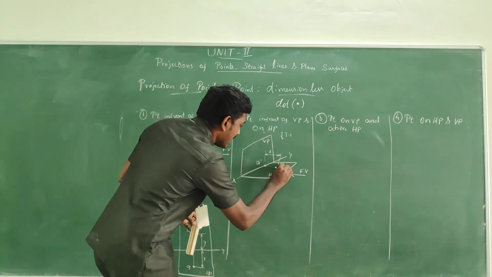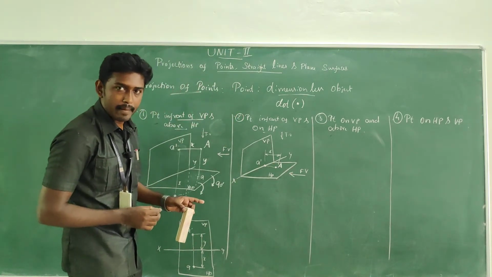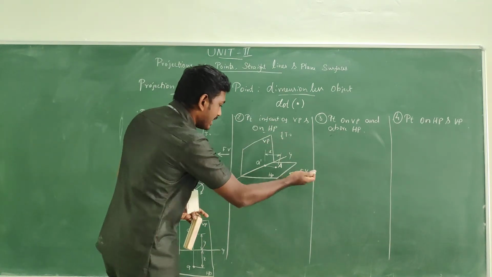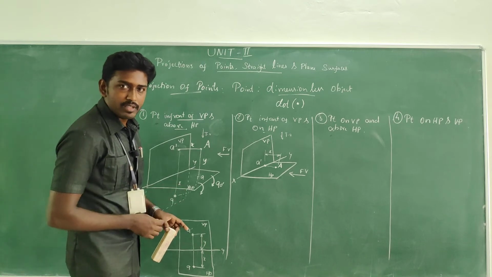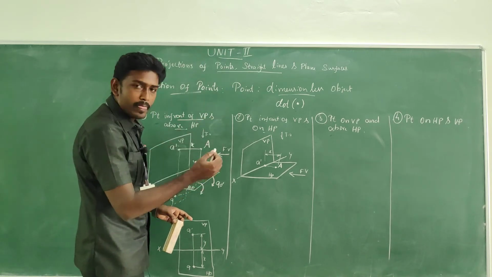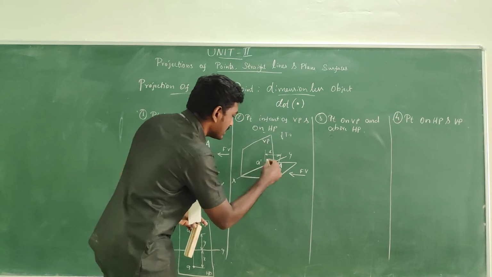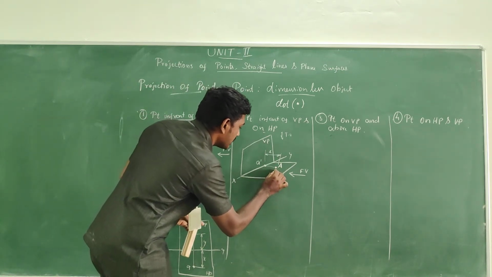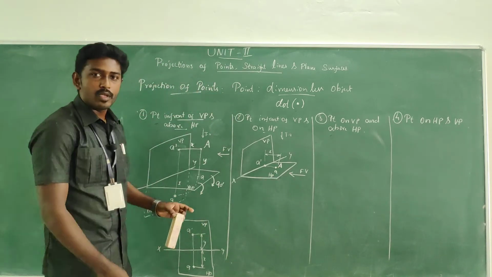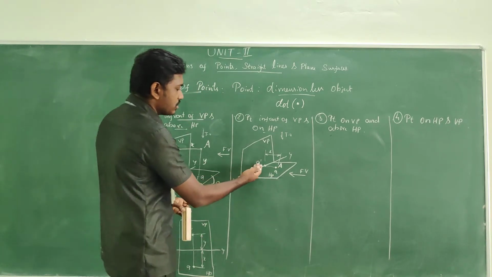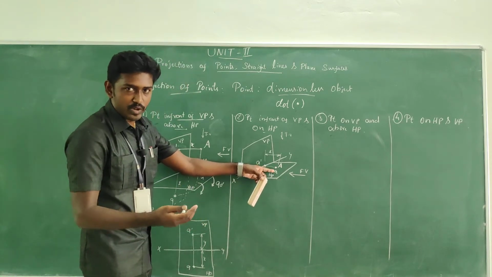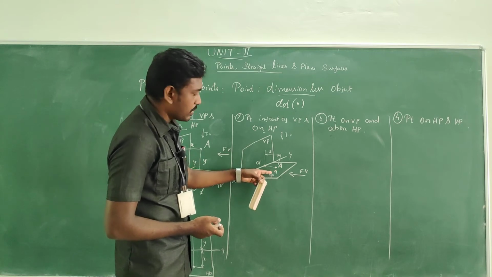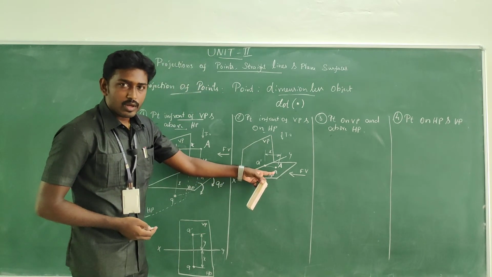If it is capital A, the original position, and you are looking from the top, actually it is on the HP plane. It throws the image over a plane. Since it is on HP, in the same position you can view the object. Since it is on HP, the position never changes, right? Fine, in the same position as capital A, you can see the top view.